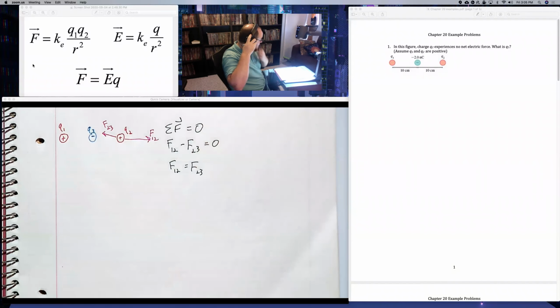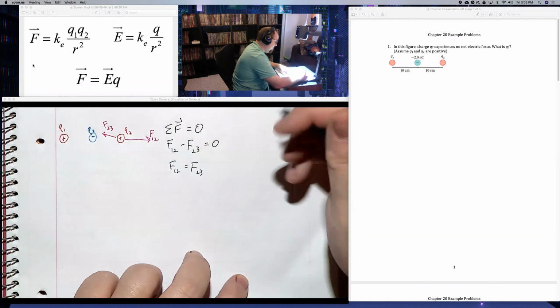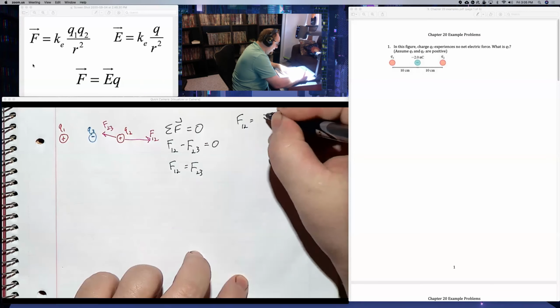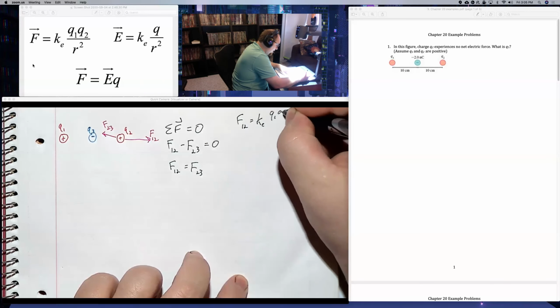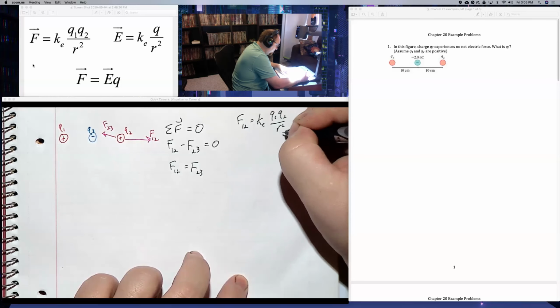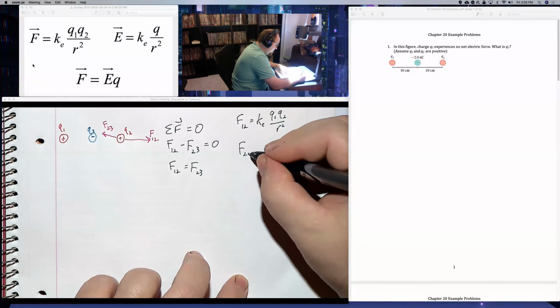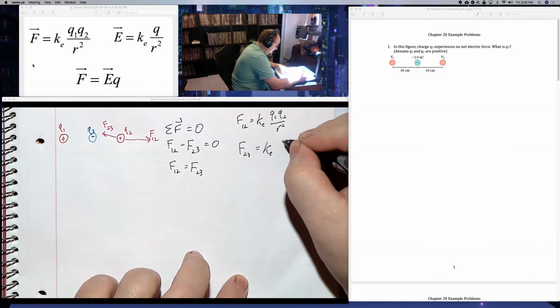Now, I could try to just start solving for each force individually. No, I don't know the charge of Q1 and I don't know the charge of Q2. So if I start trying to find each force individually, knowing that F12 is K_E Q1 Q2 over R squared, and F23 is K_E Q2 Q3 over R squared.